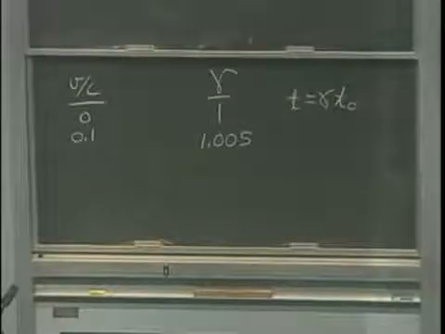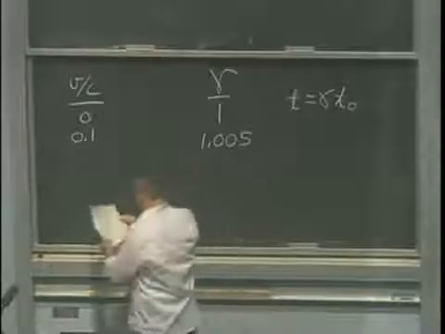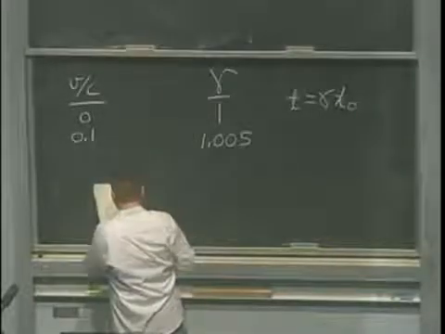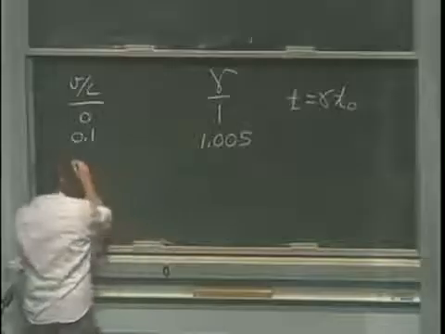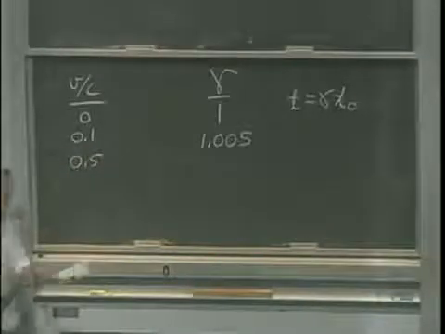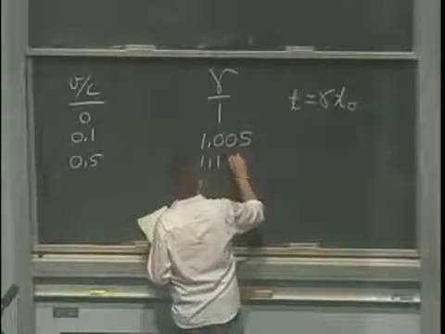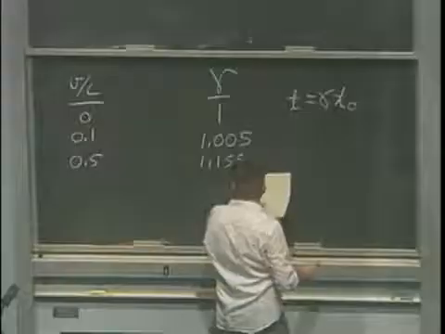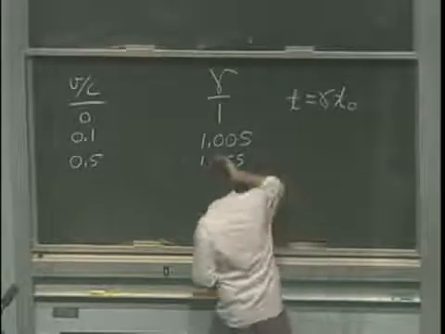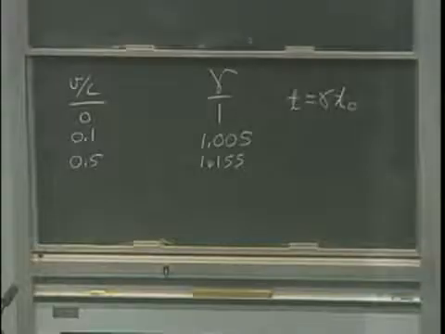Okay? So the effects really kick in when we start going faster and faster towards the speed of light. So let's put some more numbers in here. If we're going half the speed of light, 0.5, then this gets a little bit more respectable: 1.155, so we'd see about 15% difference in the amount of time between the two frames of reference.